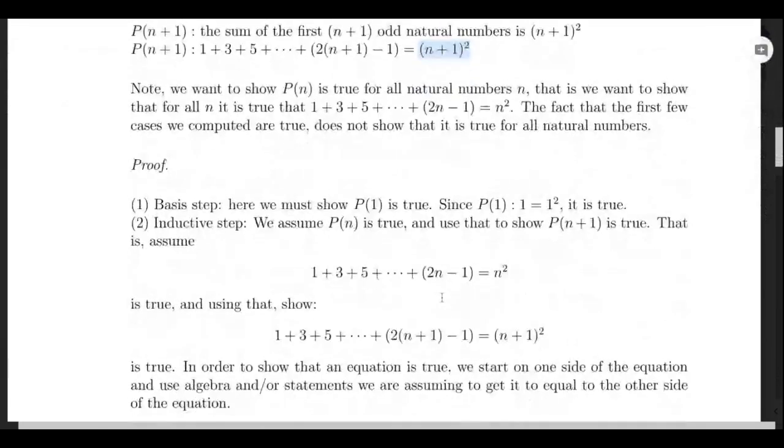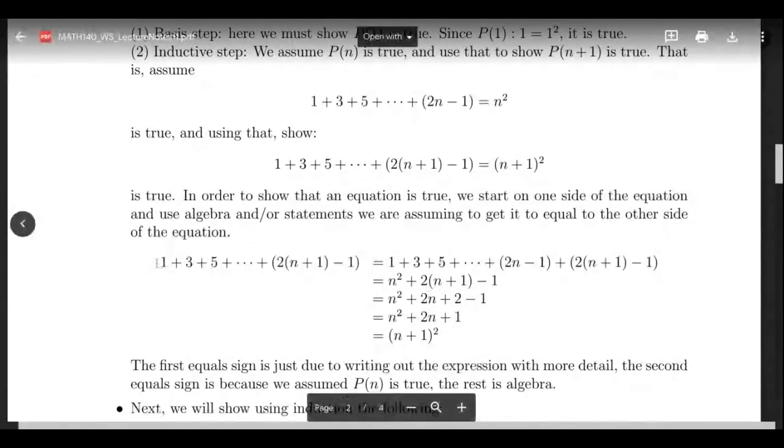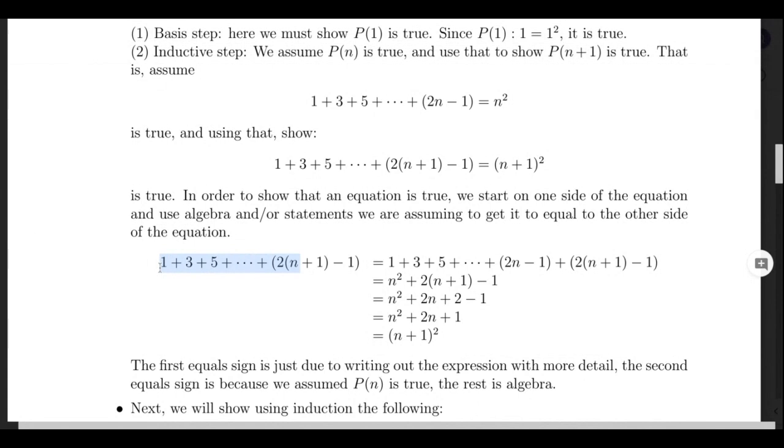So how do we do that? We read it out, right? 1 plus 3 plus 5 up to the n plus 1 odd natural number, which is 2 times n plus 1 minus 1, right?